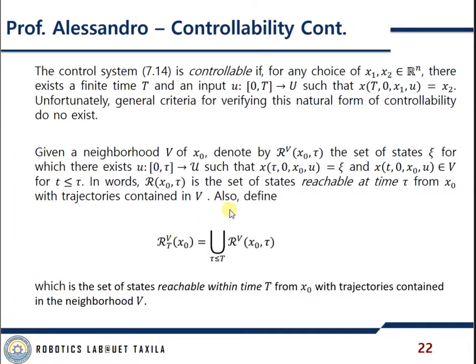So these are the union and these are defined in this way. These are the states which can be reached within a time interval tau, with the trajectories contained in this neighborhood v. This is a set of states reachable within time t from x naught with the trajectories contained in the neighborhood of v.